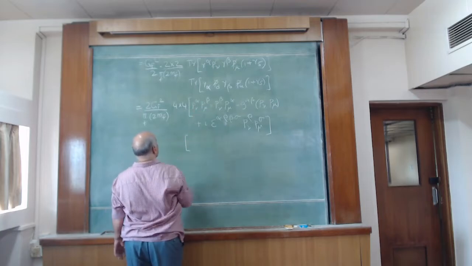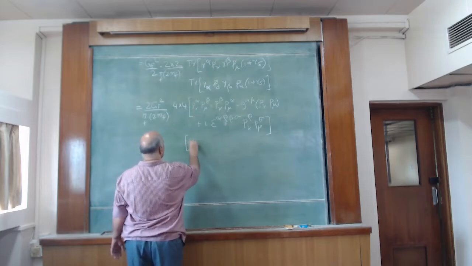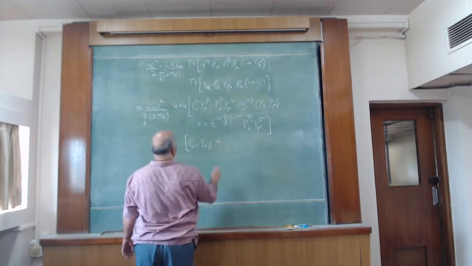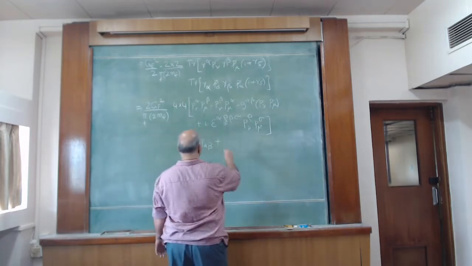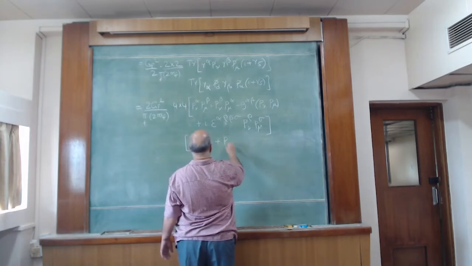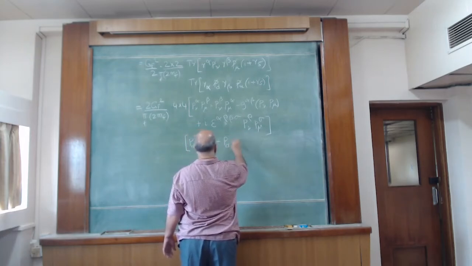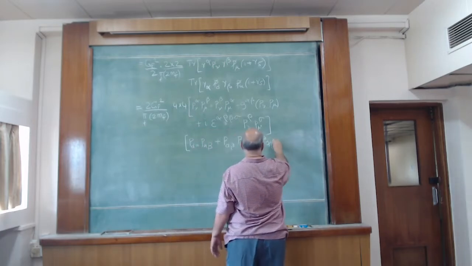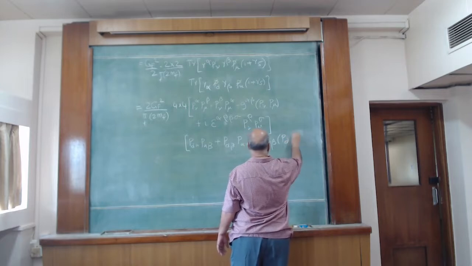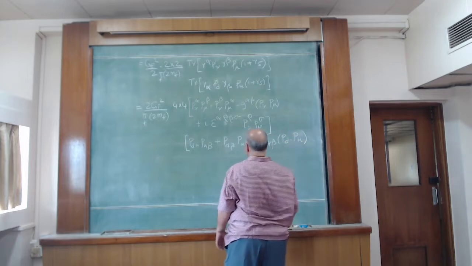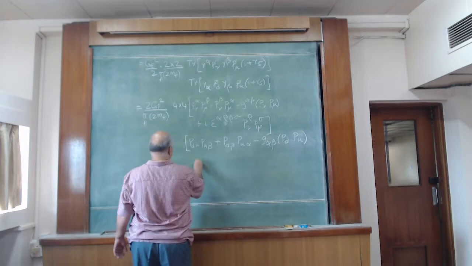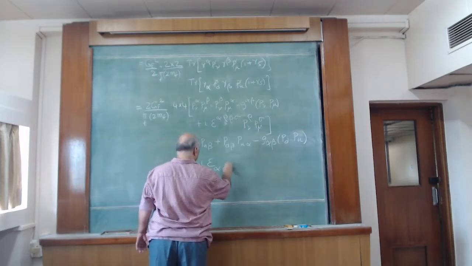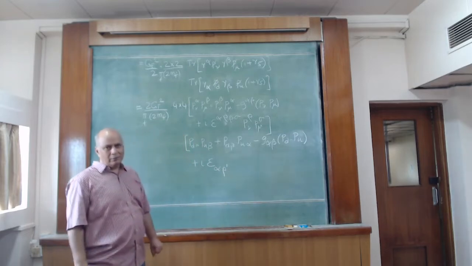Multiplied by the corresponding quark terms, pd alpha pu beta plus pd beta pu alpha minus g alpha beta times pd dot pu plus i epsilon alpha. I should put rho prime here.